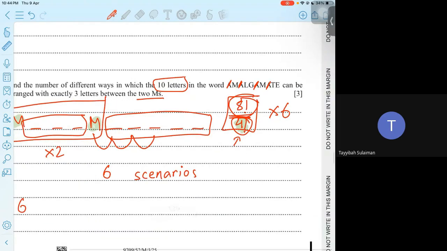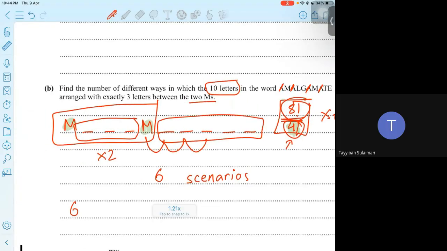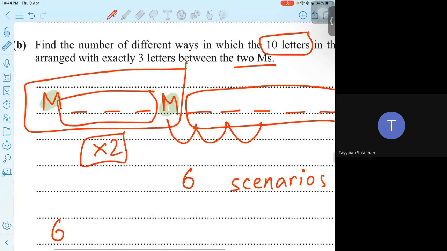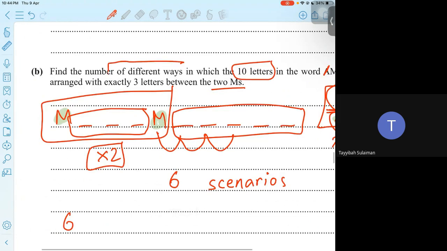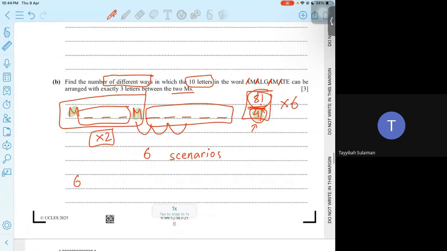Since they're identical, we get rid of these scenarios, okay? So when you multiply by 2, you're adding more scenarios while we're trying to get rid of scenarios. We're trying to find the different ways, okay? So all of them have to be unique solutions, and they can't take into consideration the repetitions, which is why we don't have to work with the M's. Does that make sense?